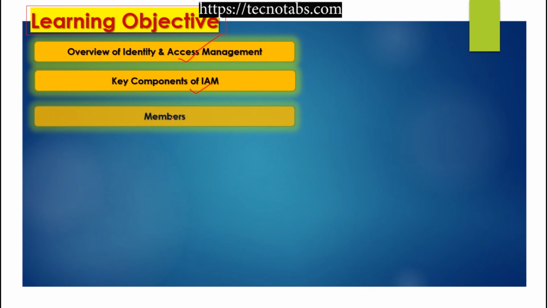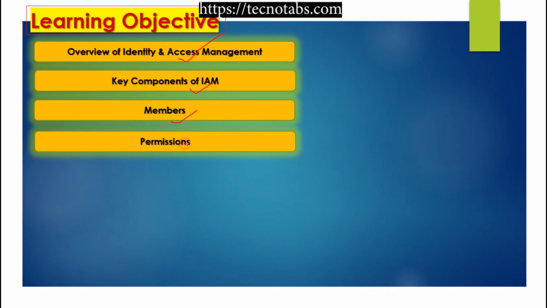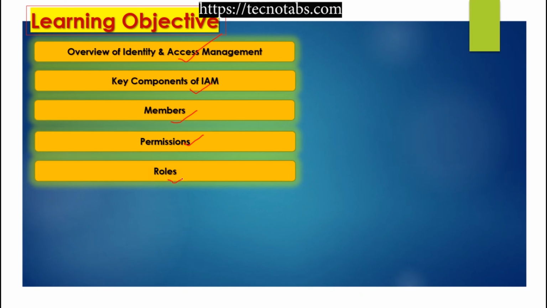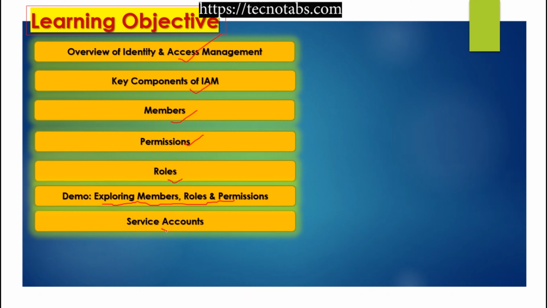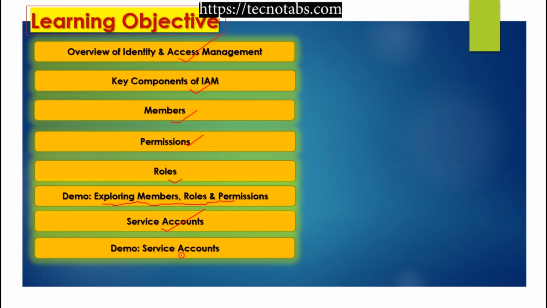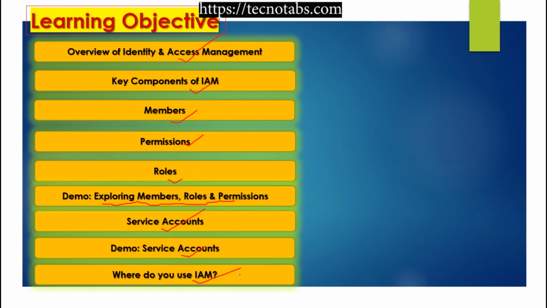We'll also look at members, permissions, and roles. Then we will have a demo around exploring the members, roles, and permissions. After that, we'll move to service accounts, and we will also have a demo around service accounts. Finally, we wrap up the section with a discussion around use cases, where we learn where you use IAM.